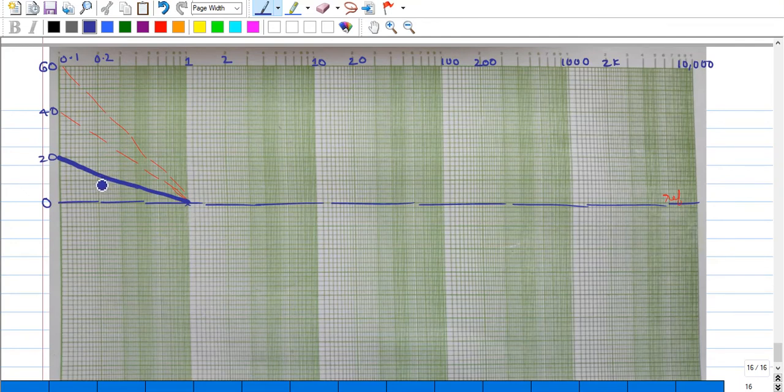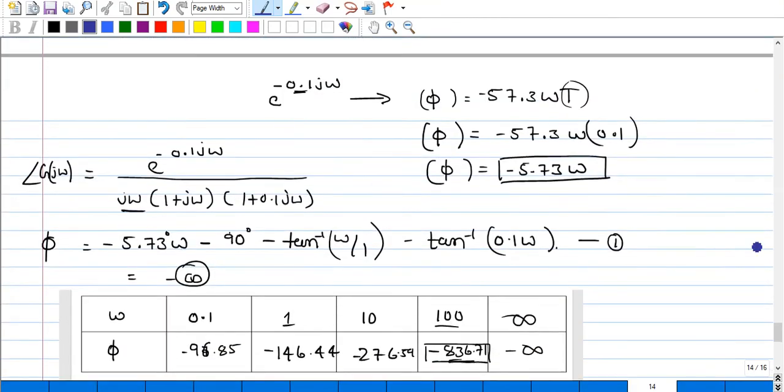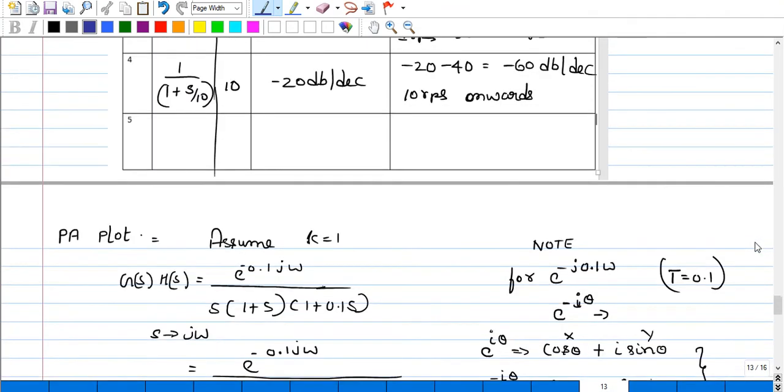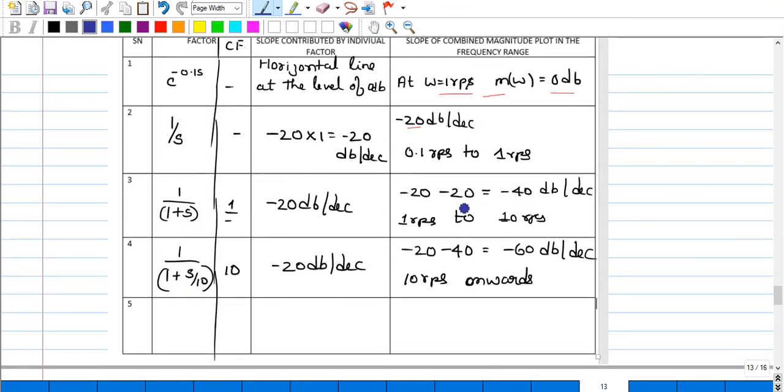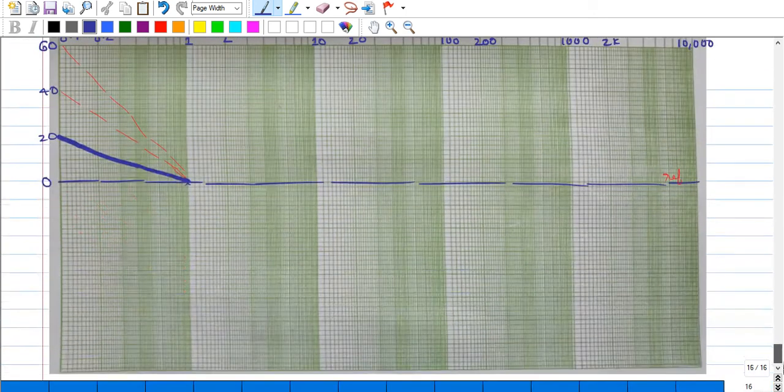Next, let us move to the next. We have the second slope, minus 40, from 1 RPS to 10 RPS. You can place your scale here, and parallel to this you need to draw. So that will be 1 to 10 RPS.